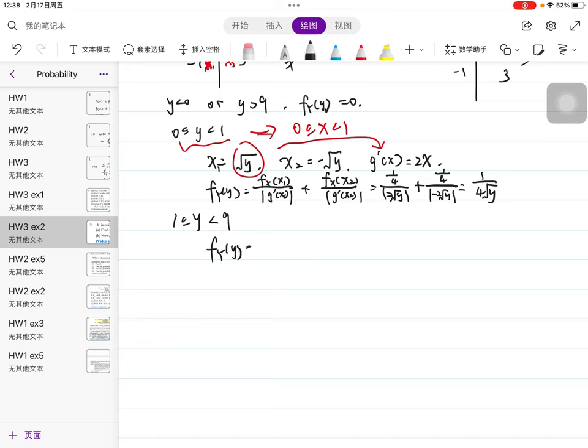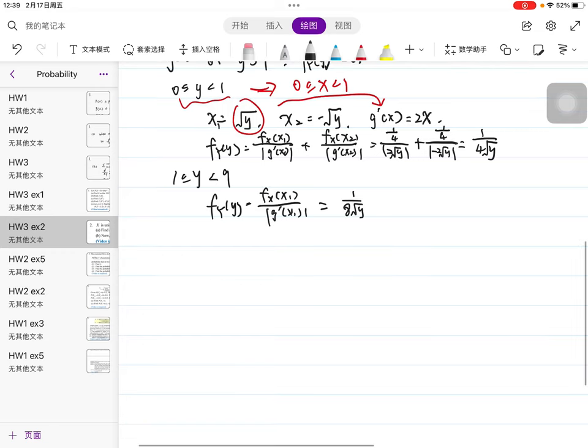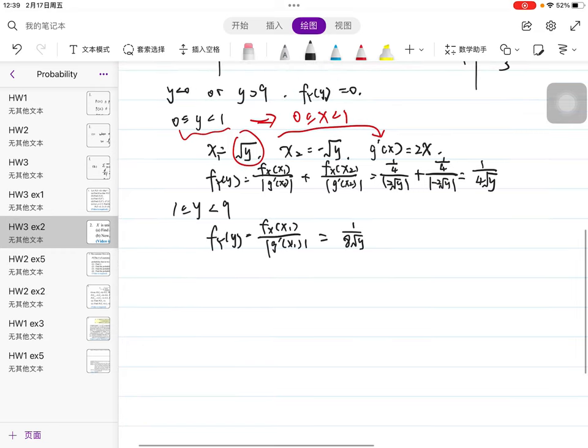So we could directly write x1 equals this. So the density function, when y is between 0 and 1, equals this.